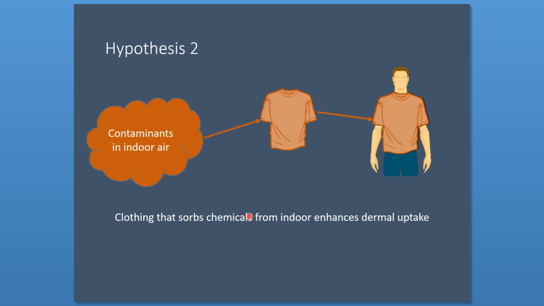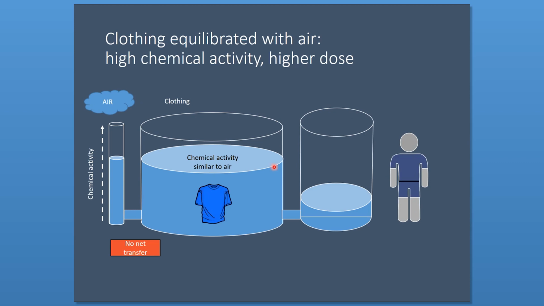So for a second hypothesis, if the clothing eventually absorbs enough of the chemicals from air, it will then be a source and perhaps enhance the dermal uptake relative to bare skin. So that would be something like this, where the clothing basically has reached equilibrium.